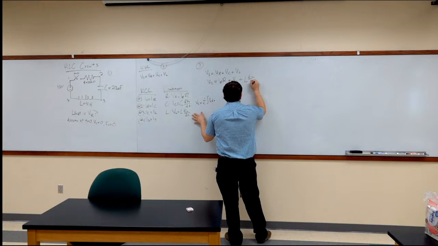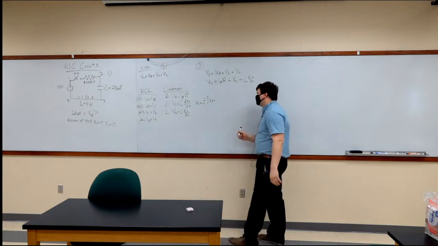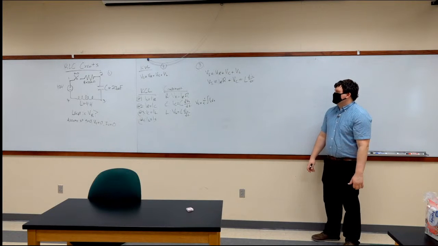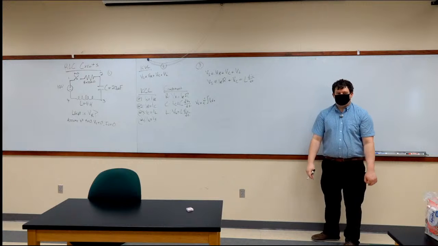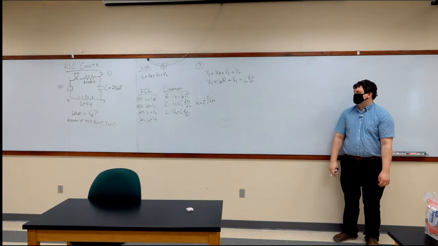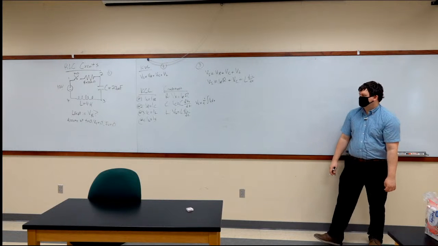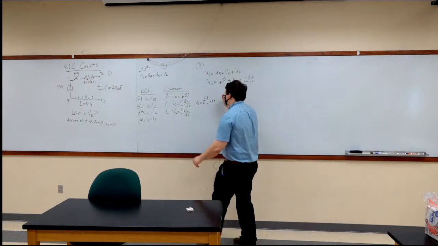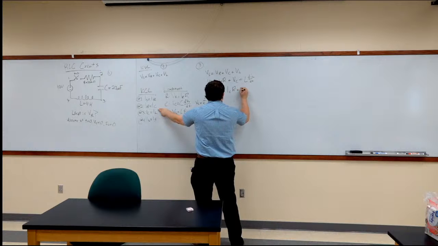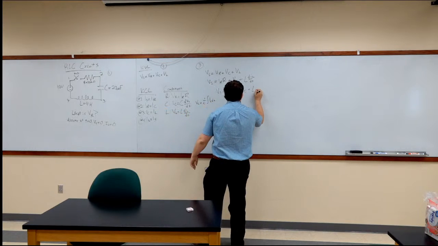L DIL dt. Okay? All right. So now what can we do with IR? It's this equation right here. So VS is equal to ICR plus VC plus L.